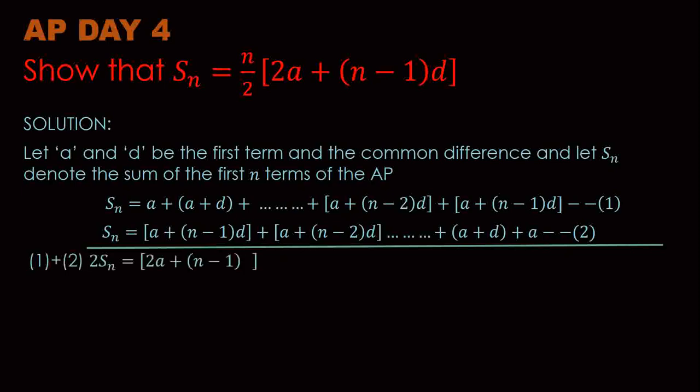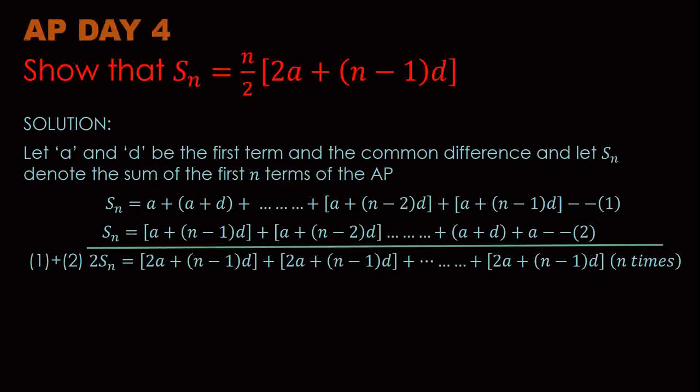I'm going to explain a bit about how these values are coming up and why they are all the same. In the first place, we have 2a plus (n minus 1)d. So how do we get this 2a plus (n minus 1)d?